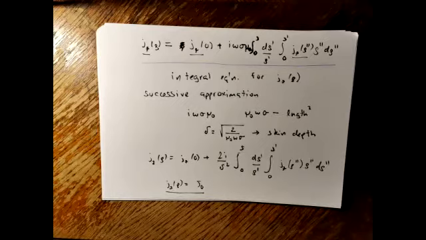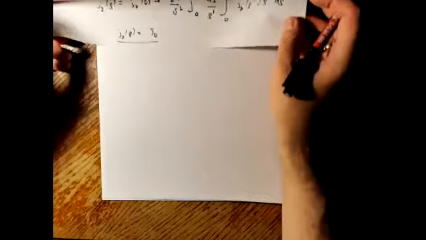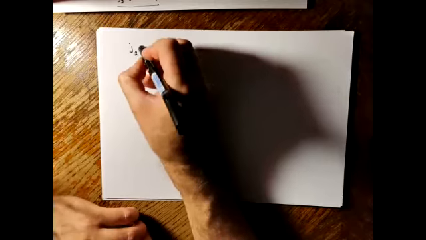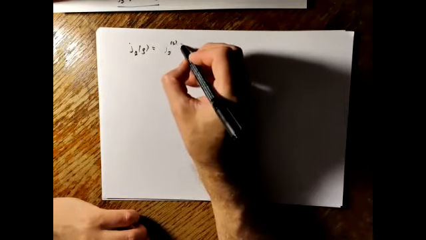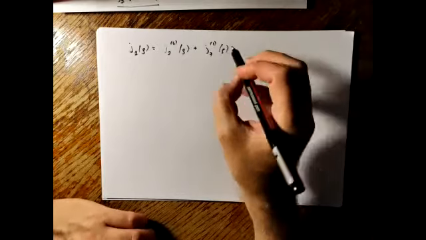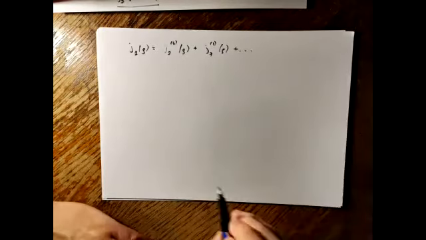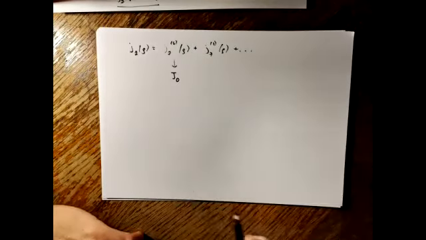And we calculate successive guesses to our current based on this first guess. In other words, our current is going to be a sum of a 0th order approximation plus what I'm going to call a first order approximation and so forth. And I already told you that this 0th order one is the constant J0.